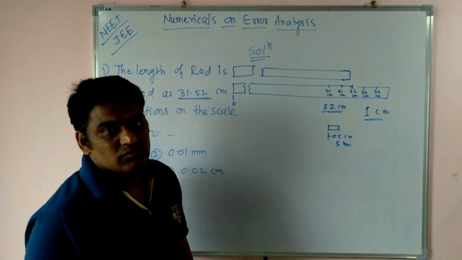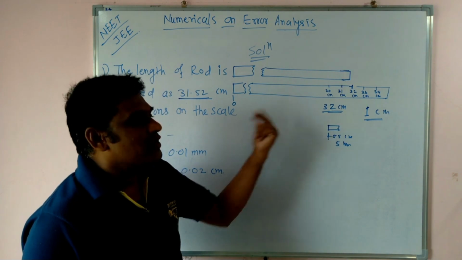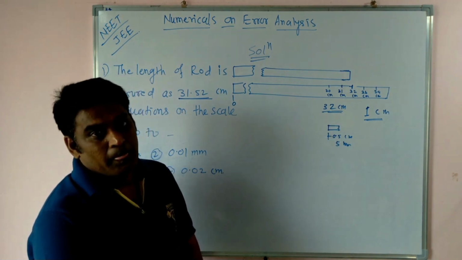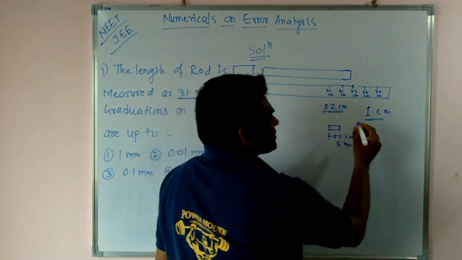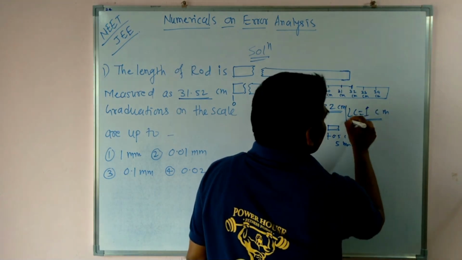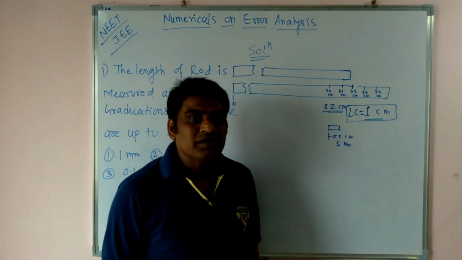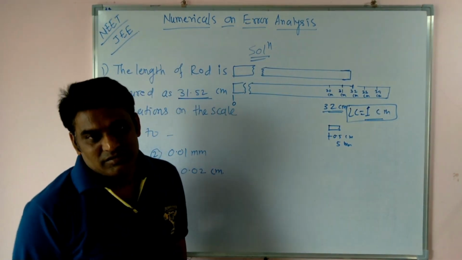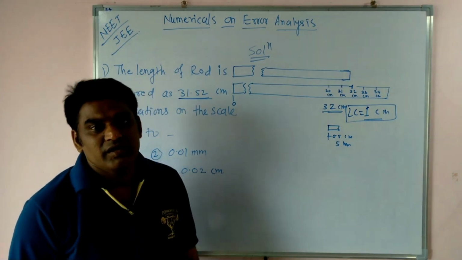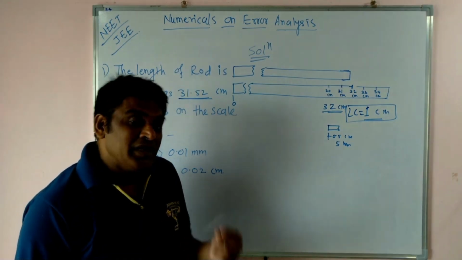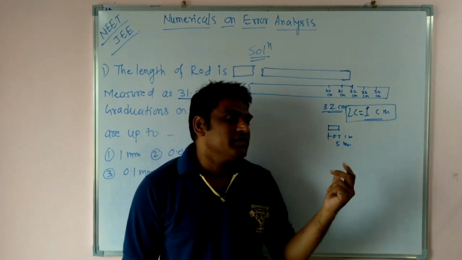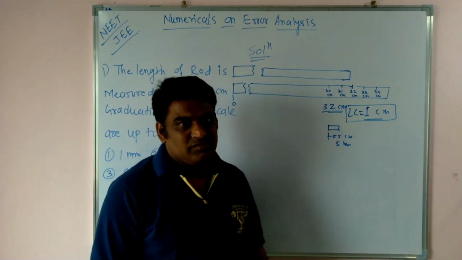Or 1.5, 1.6, I cannot measure. So this is the least count. Every instrument has its least count, meaning the minimum it can measure, and the minimum error made by that instrument will be its least count.